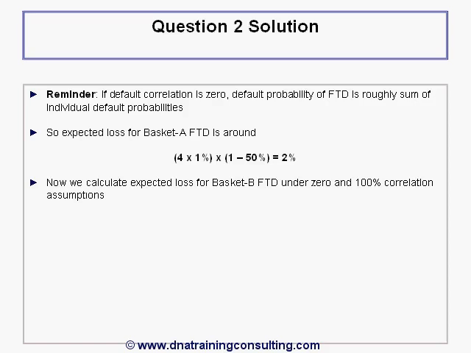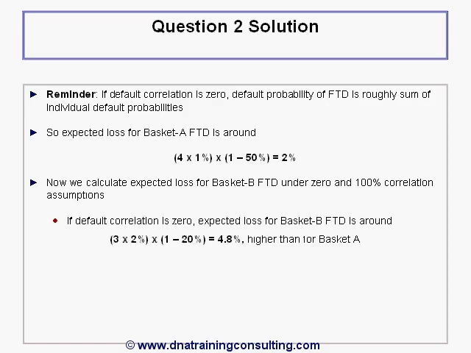For the case of zero default correlation, the basket B linked note has an expected loss of around 3, number of reference entities, times the 2% default probability for each reference entity times 1 minus the recovery value, which is 4.8%, therefore higher than for basket A.